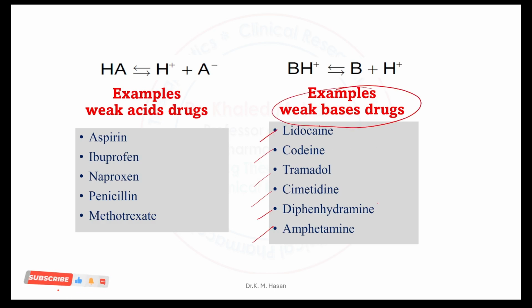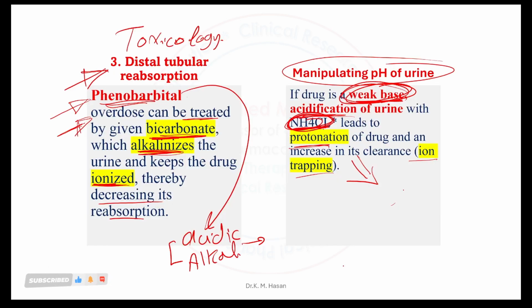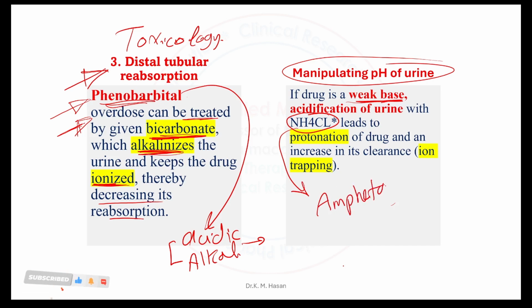If we have large doses of these medications, such as amphetamine, diphenhydramine (Benadryl), or cimetidine, and we have an overdose, we can prescribe ammonium chloride, and this will protonate the amphetamine, for example, and enhance its excretion. This is a kind of toxicology treatment for the patient, how to manipulate the pH of urine.